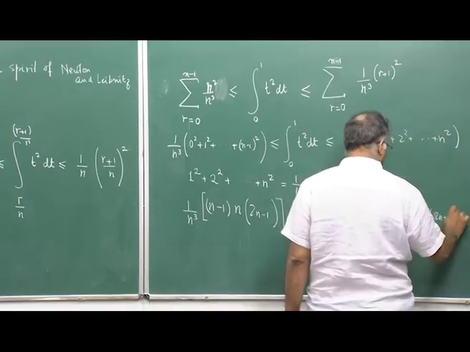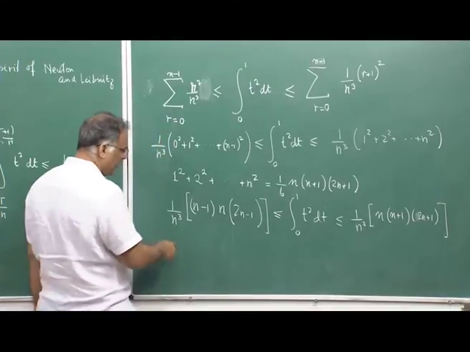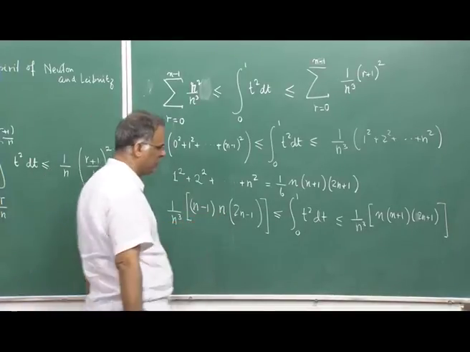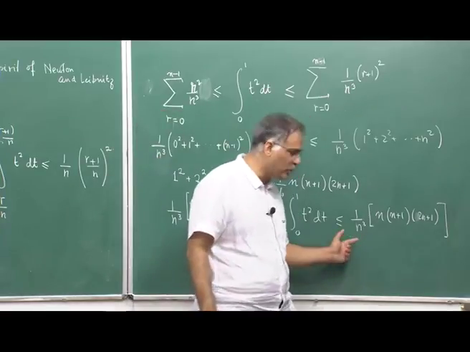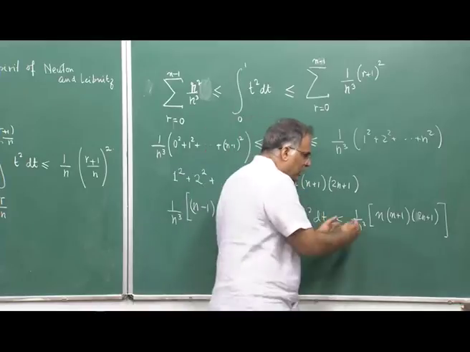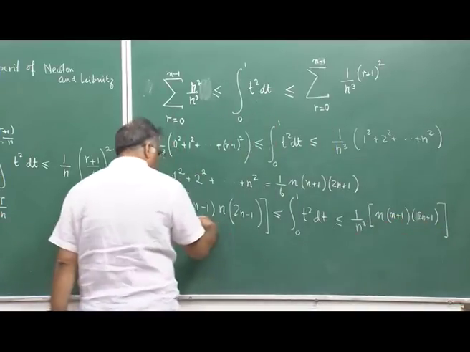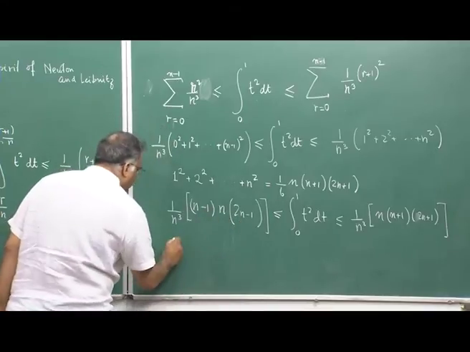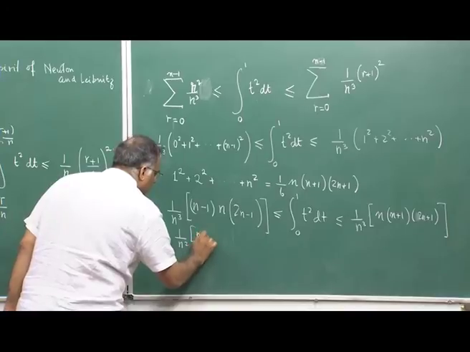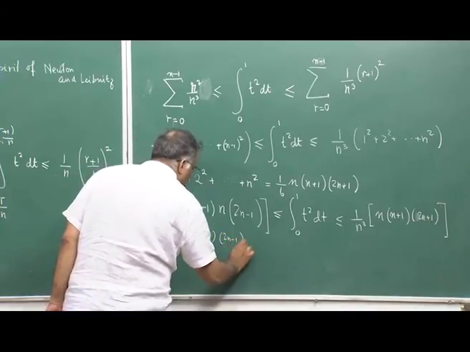Now what I will do is a simple trick. I will divide this n by n cube, by n square by n. So I will have 1 by n square in the denominator, and then I will split 1 by n square into 1 by n into 1 by n, and then divide 1 by n with this and 1 by n with this and 1 by n with this and 1 by n with this. So I will have 1 by n square into (n minus 1) into (2n minus 1).